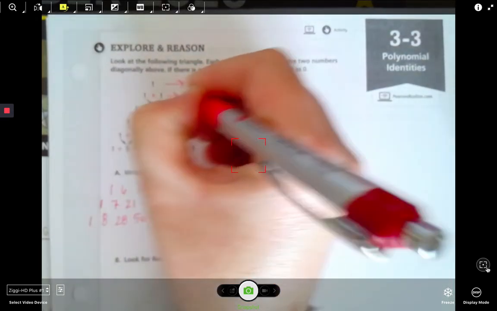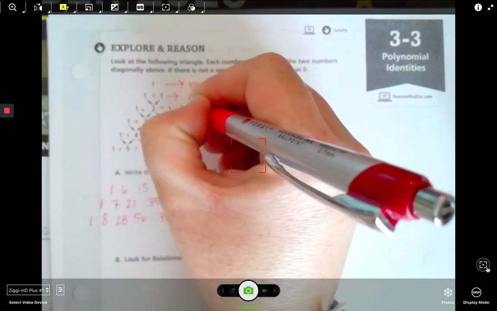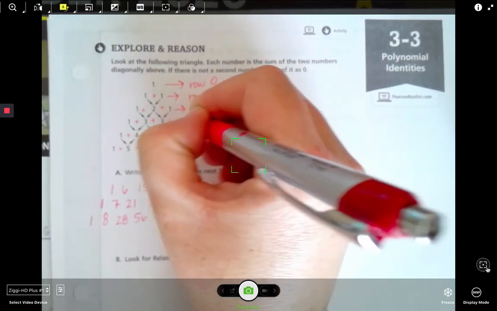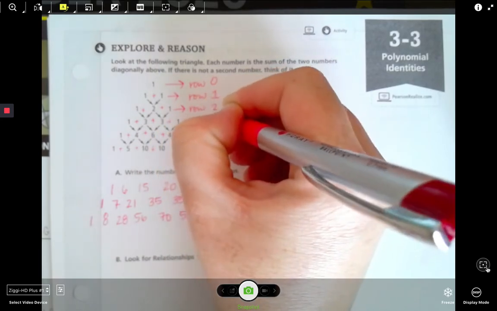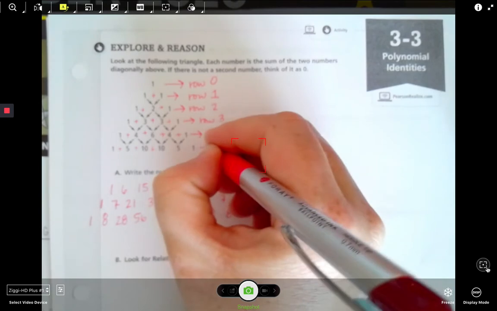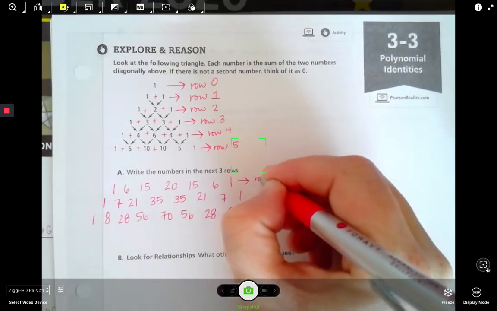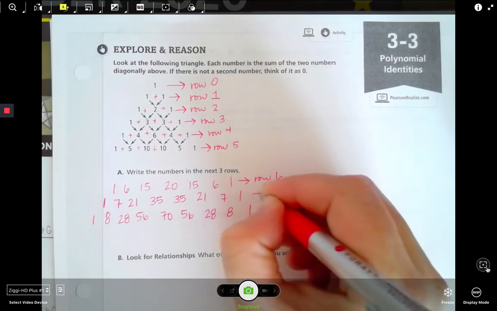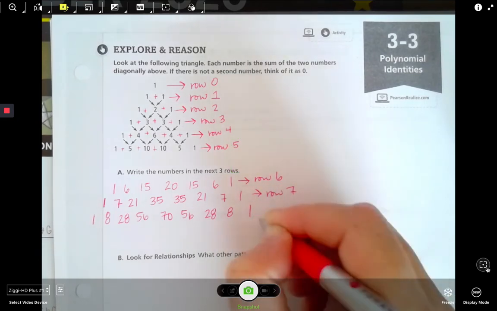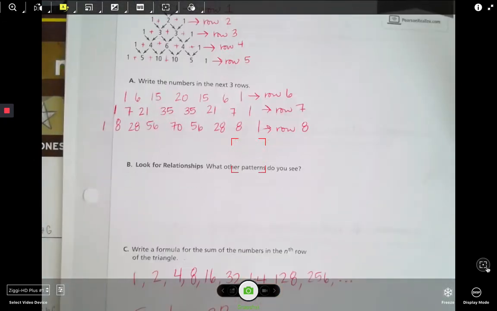So this would be row 1, row 2, row 3, row 4, row 5, row 6, row 7, and row 8. Like I said, it doesn't necessarily stop at row 8. That is just where they asked us to stop today.